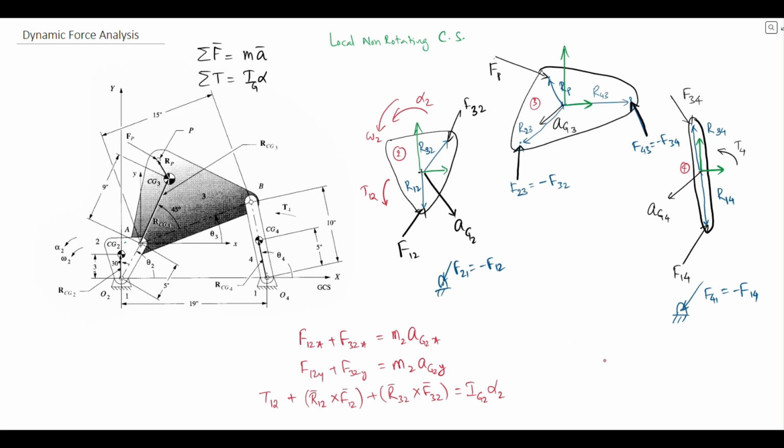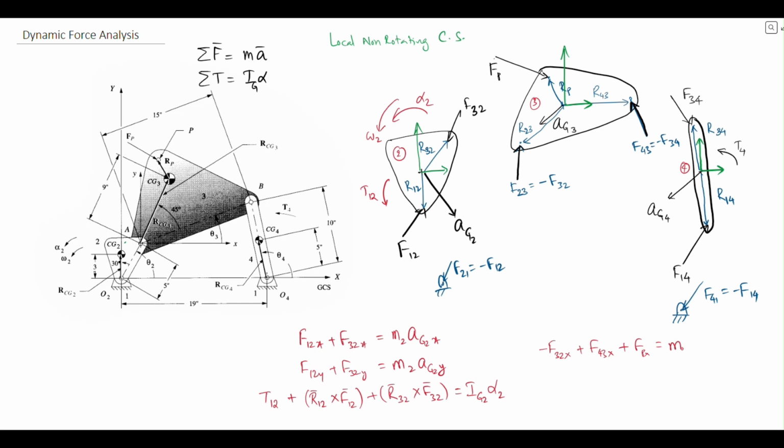Similarly, for link 4, or maybe we'll go for link 3. In link 3, we know there is F23 x, so we can write that in terms of F32. So we have F32x, with the minus sign, plus F43 in x direction, and there is Fp in x direction.